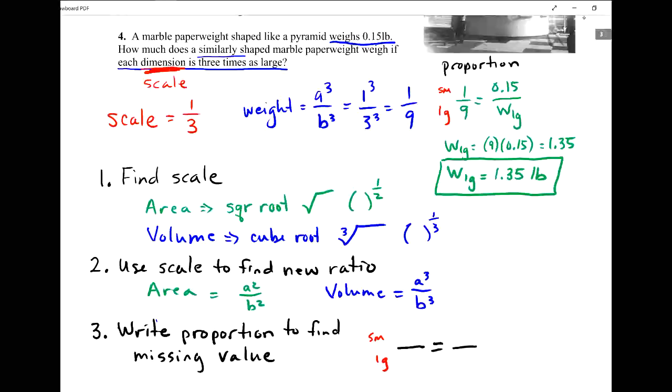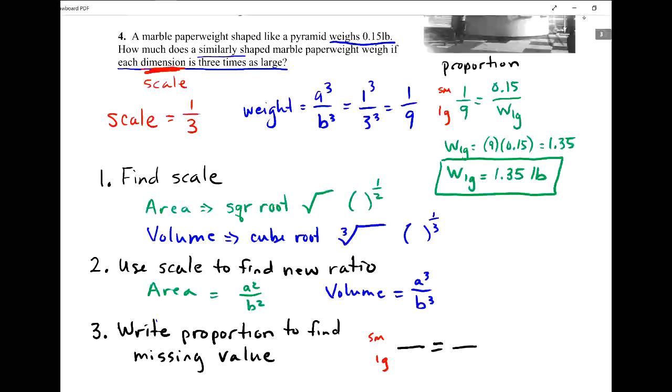So not overly difficult. You just have to be careful and do each step. So our steps are here. This is good information to have. Number 1, you always have to find the scale. Everything comes from scale. No matter what you're given at the beginning, you need to get to scale if you're not already there.